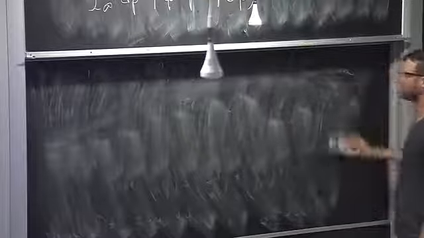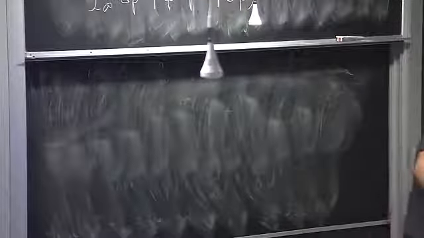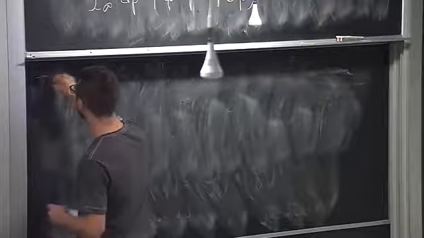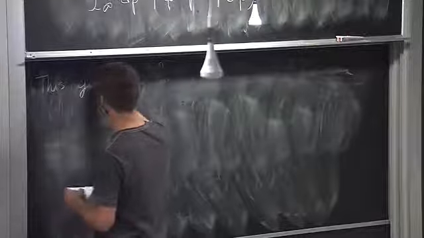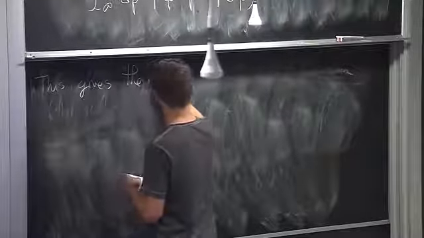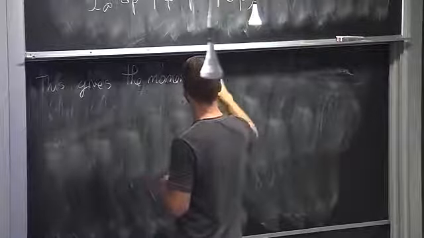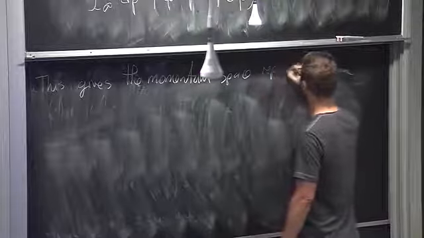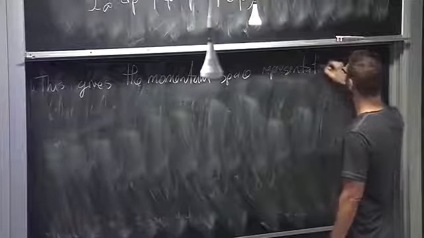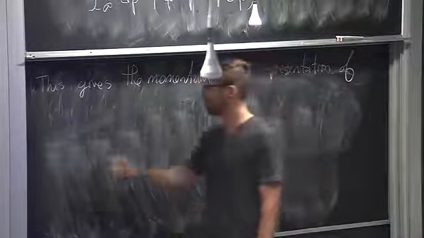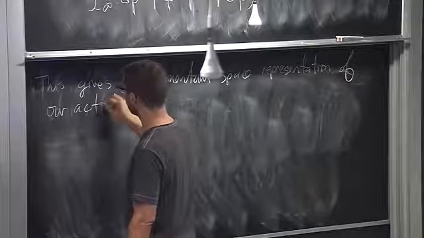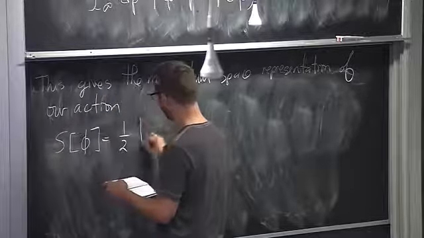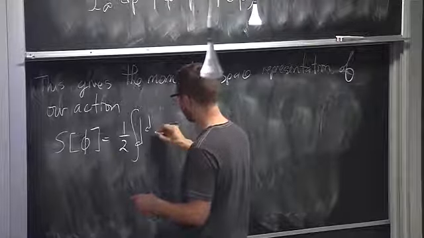So now I'm writing my action in momentum space. That's what I'm doing. And that's going to give me the Gaussian propagator. Integral, let's write in d dimensions.